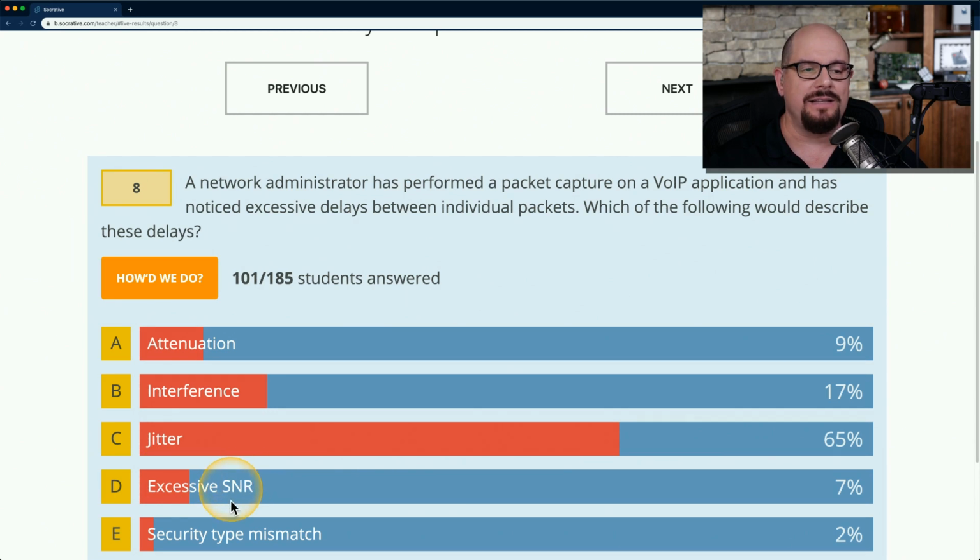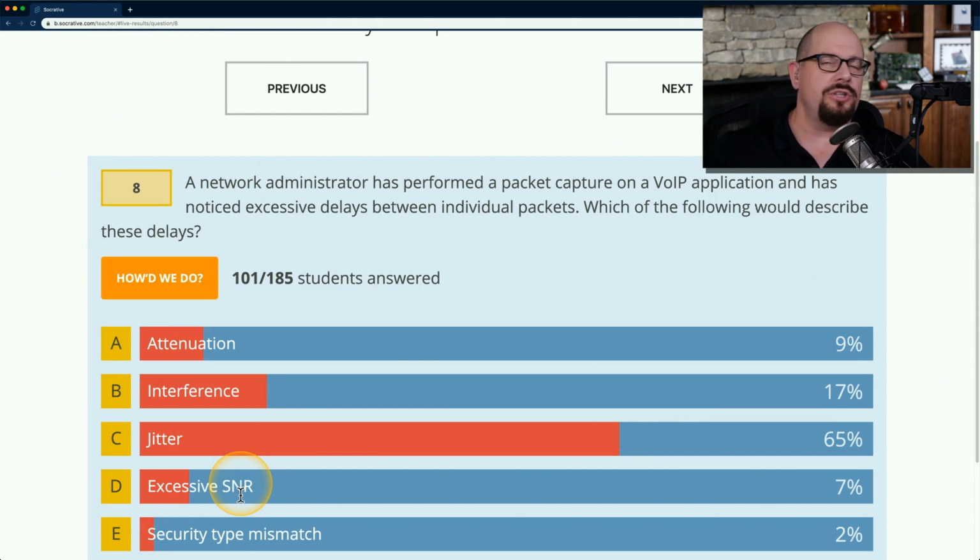Excessive SNR, that is the signal to noise ratio. This is commonly seen on wireless networks, although there is SNR that can be on a wired network as well. The signal to noise ratio is something very common on wireless, especially if you're in an area with a lot of other wireless technologies. There's a lot of other wireless signals. Now, your antenna is right there in the other room. Your signal is going to be very strong.